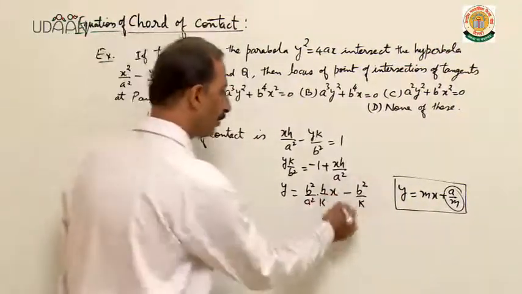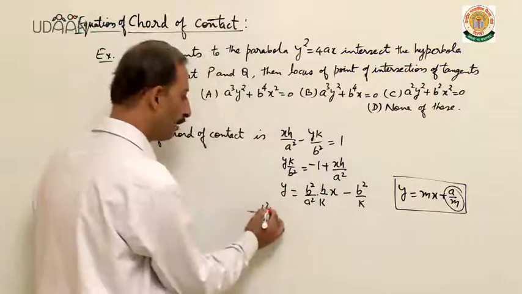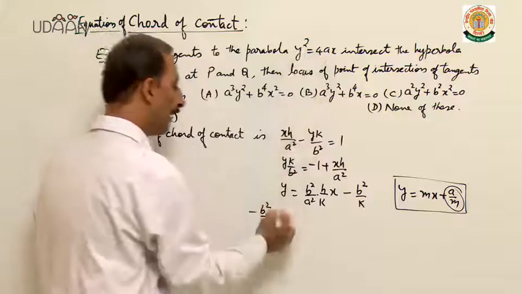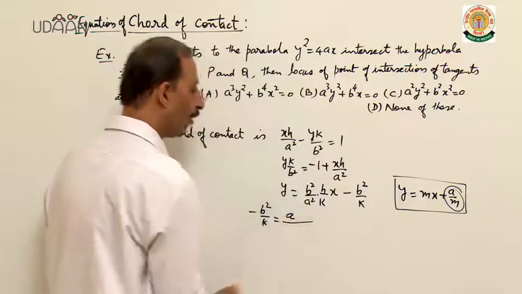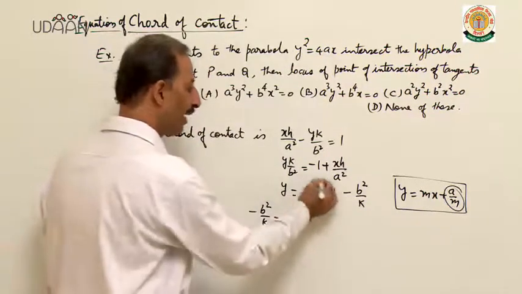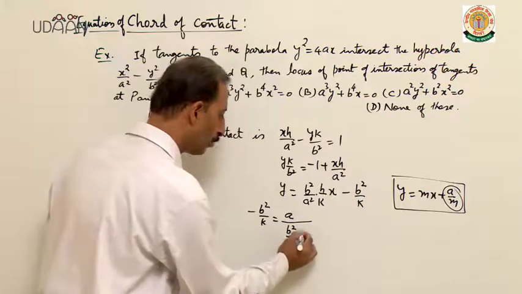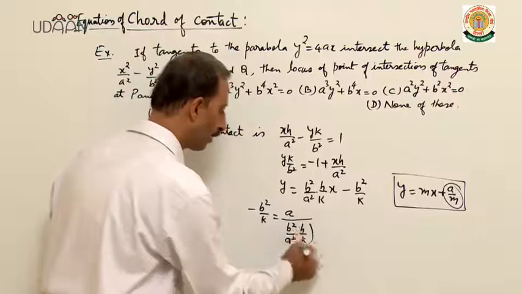The value of c is here minus b square upon k; for y square is equal to 4ax, a as it is, upon m, where the coefficient of x is m. So you can say b square upon a square into h upon k.